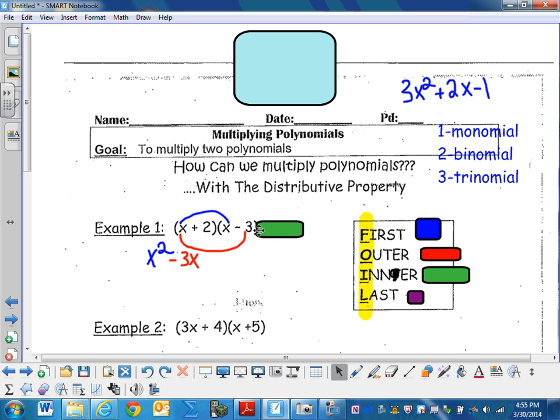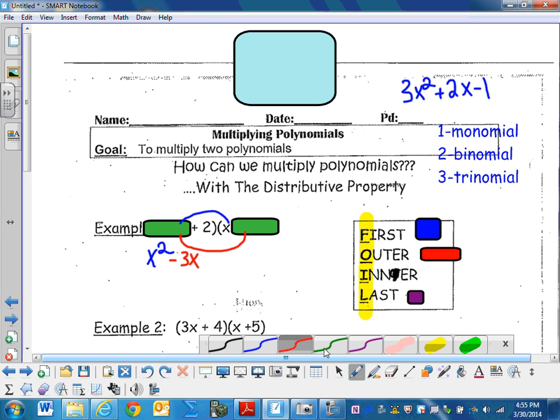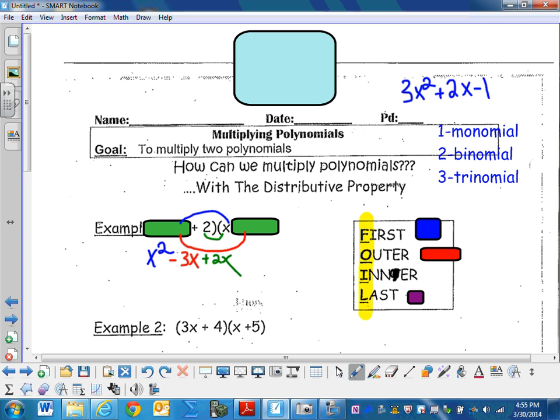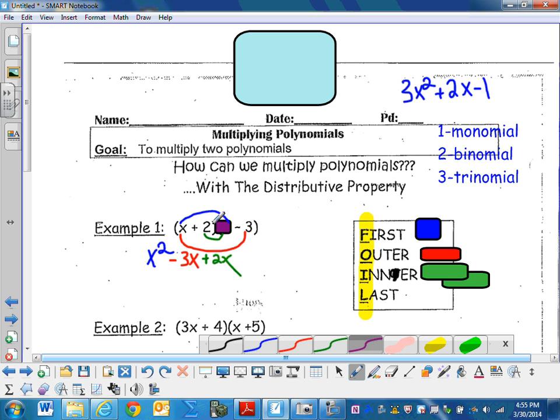And now we're going to multiply the inner terms of each binomial. So 2 times x is a 2x. And now we're going to multiply the two last terms of each binomial. 2 times a negative 3 is a negative 6.